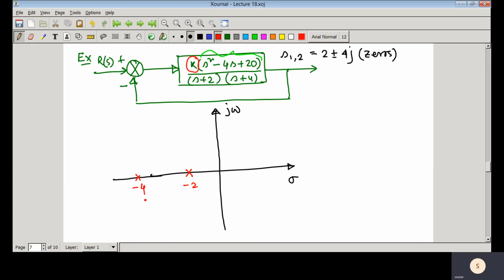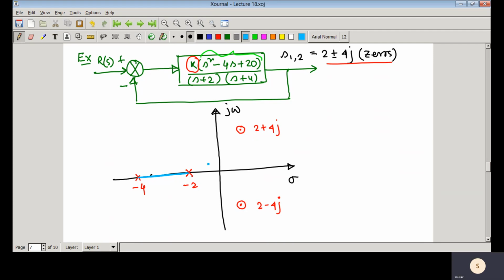Two poles are there and two complex conjugate zeros. Here you have a zero, and its value is 2 plus 4j, and here 2 minus 4j. Now which part will be part of the root locus? This part.